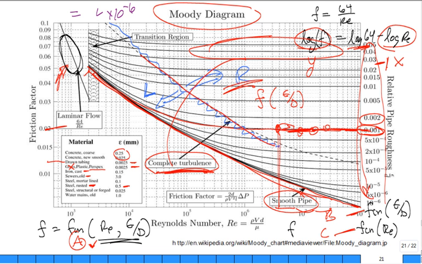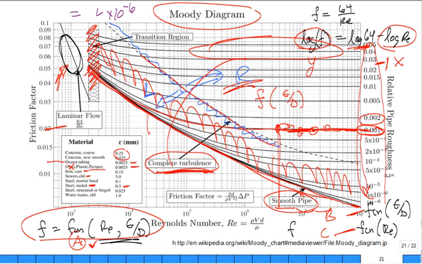So it's really only in this region between the smooth tube and this dashed line that it truly is a function of both Reynolds number and relative roughness. Sometimes they call this a transition region. It's not completely turbulent, but it's a turbulent region where it's a function of both.